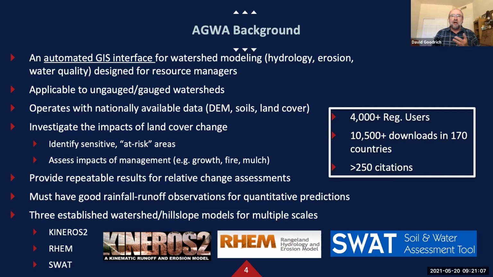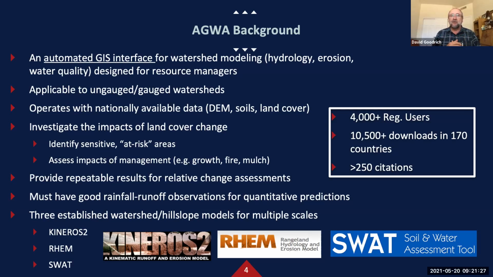So when we talk about relative assessment, we're talking about percent change from a pre-management condition to a post-management condition. As I say, we've got to have good rainfall and runoff and preferably water quality data if we want to get good quantitative numbers.